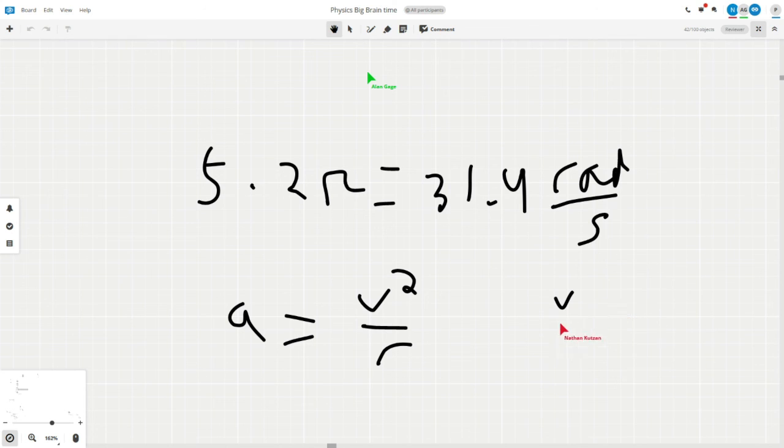Okay, well, if you remember, you divide by the radius. So v over r is equal to omega, which means that v is equal to omega r. All I did was multiply both sides by r there.